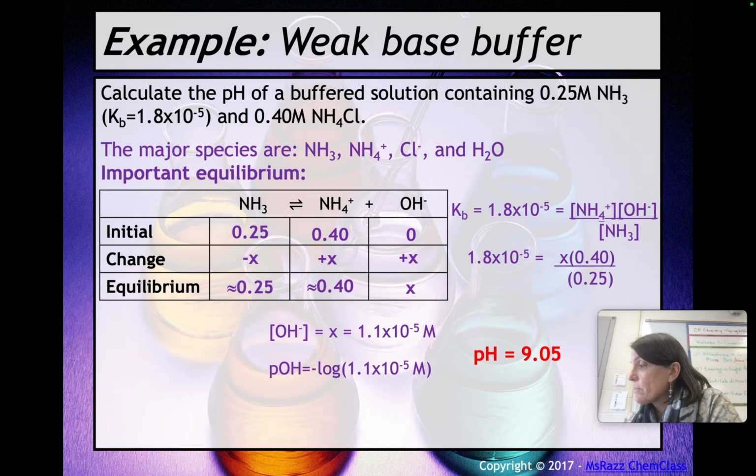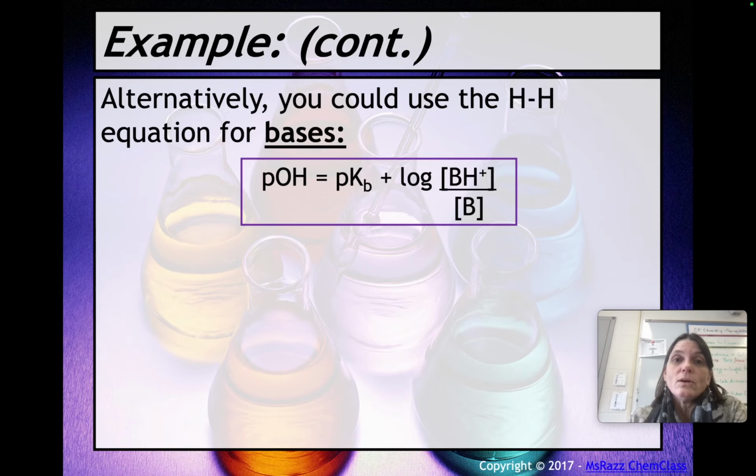Now, we can also, this version is not on the equation sheet. So if you want to try to memorize this, you can. I like to teach kids to use the original form. But this is what it looks like for a weak base, okay? And this might be a little less confusing if you have a base system.